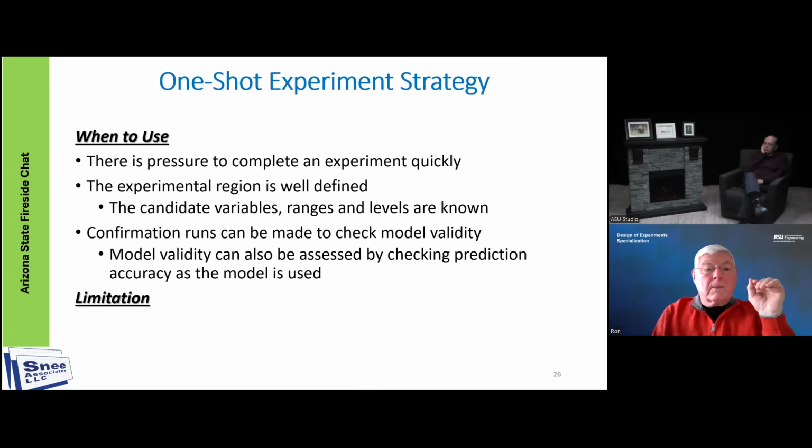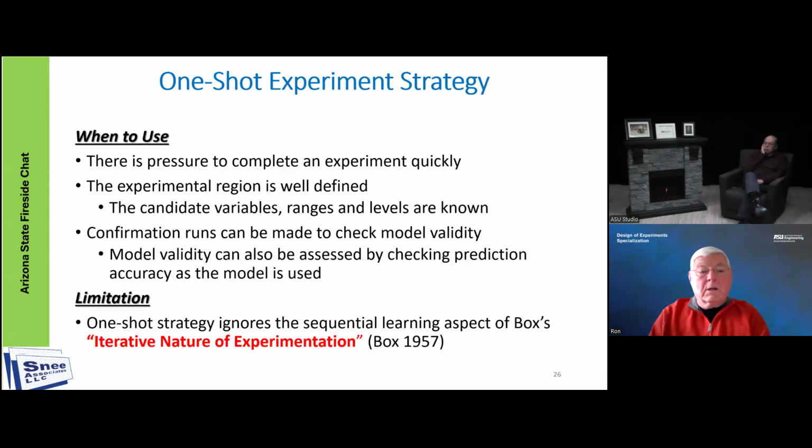Well, you can predict over time how it's doing, and if the predictions are good, you are probably in good shape. Now, here's the big limitation: the one-shot strategy ignores the sequential learning aspect of George Box's iterative nature of experimentation. We need to keep in mind that problems are rarely solved with one experiment. I'm going to show you an example, and I've shown you other examples where they have been solved, but rarely are they solved with one experiment.